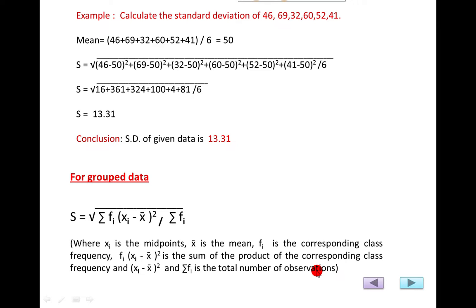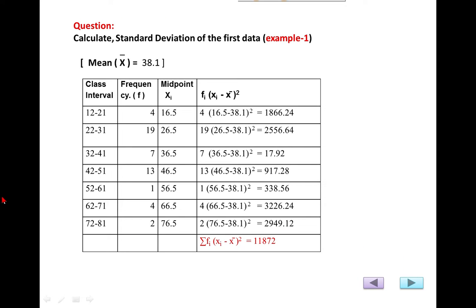Now we will apply this formula to the first data, the air pollution of 50 observations. You have already used it for mean, median and mode. So this is the given data. The question is: calculate the standard deviation of the first data. Example number 1. This is the mean of the first data. You have already calculated the mean of the first data.